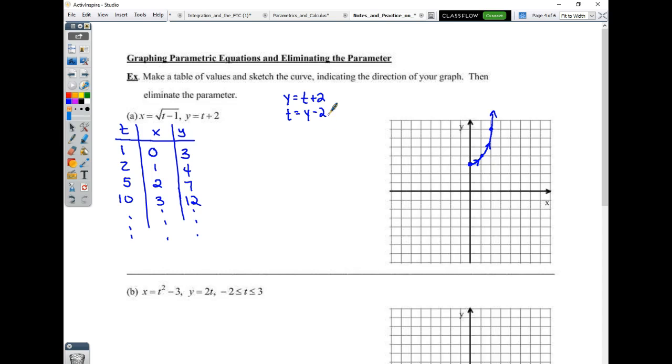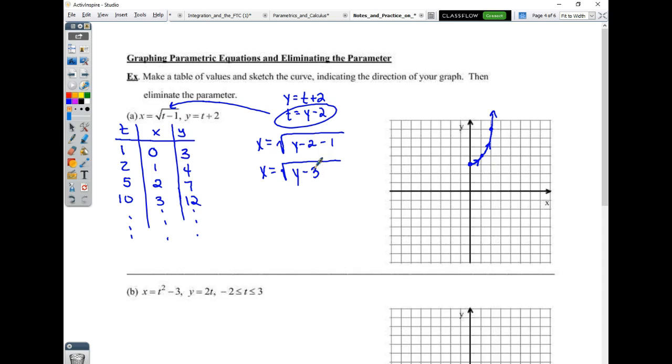That was nice. So if I substitute it in right here, this would be x is equal to the square root of y minus 2 minus 1, or we can say x is the square root of y minus 3.